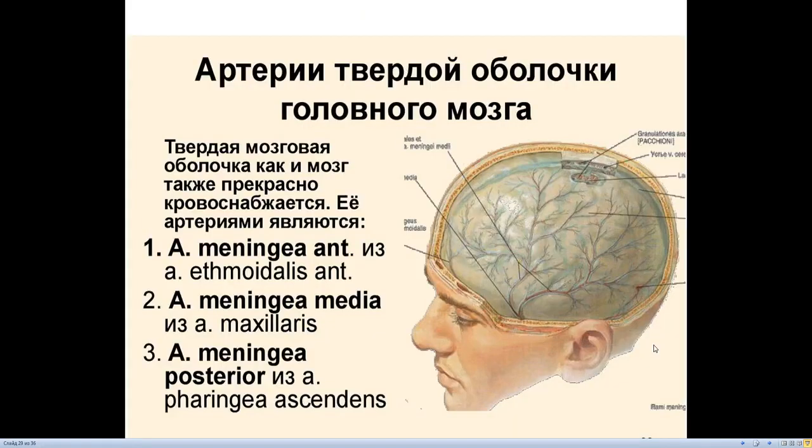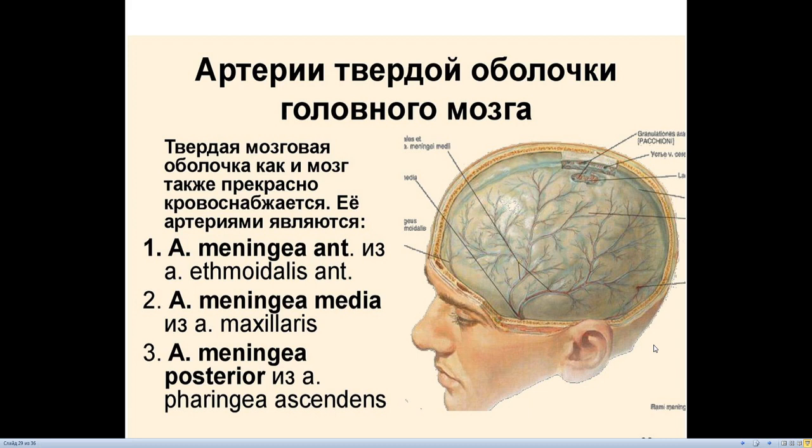Arteries of the dura mater. Blood supply of the dura mater is by the anterior meningeal artery, a branch of the anterior ethmoidal artery, the middle meningeal artery from the maxillary, and the posterior meningeal artery, which is a branch of the ascending pharyngeal artery.